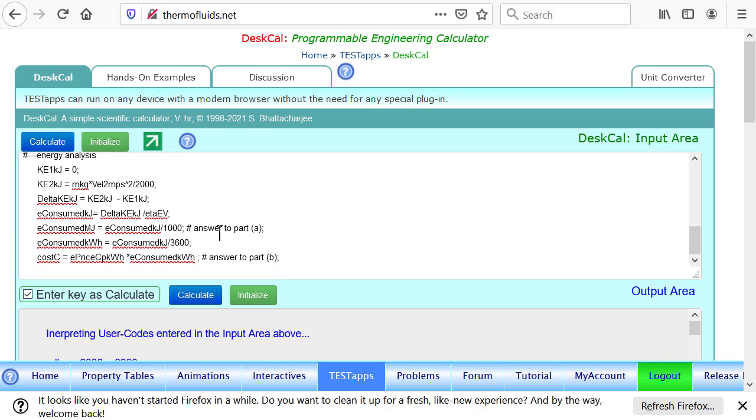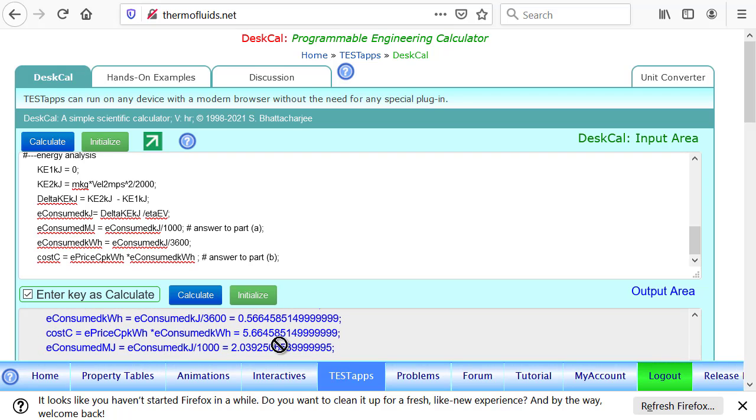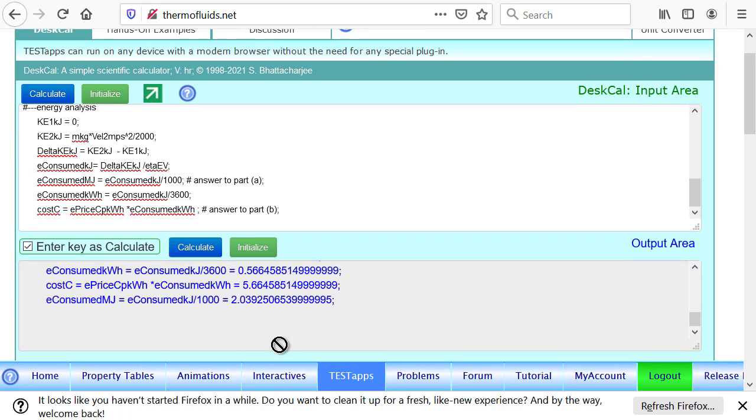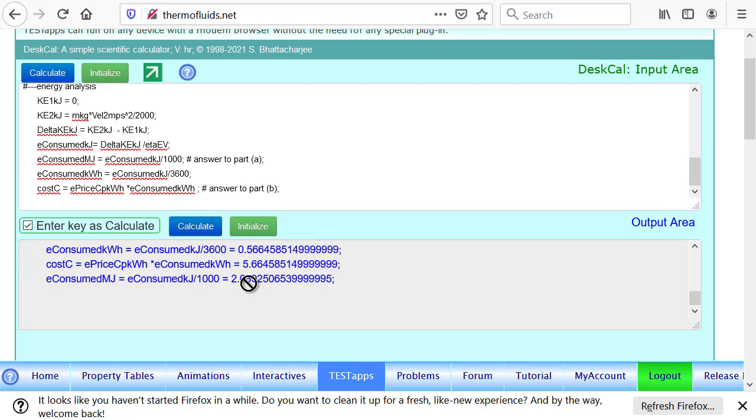So now we have found the answer for part B also. The cost of electricity at 10 cents a kilowatt hour turns out to be only 2 cents. No, sorry, not 2 cents. The electricity consumed costs 5.6 cents for this car to accelerate from 0 to 75 miles per hour.